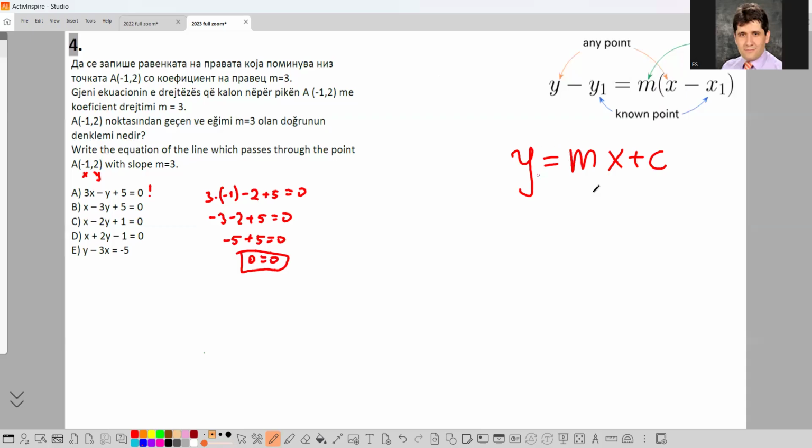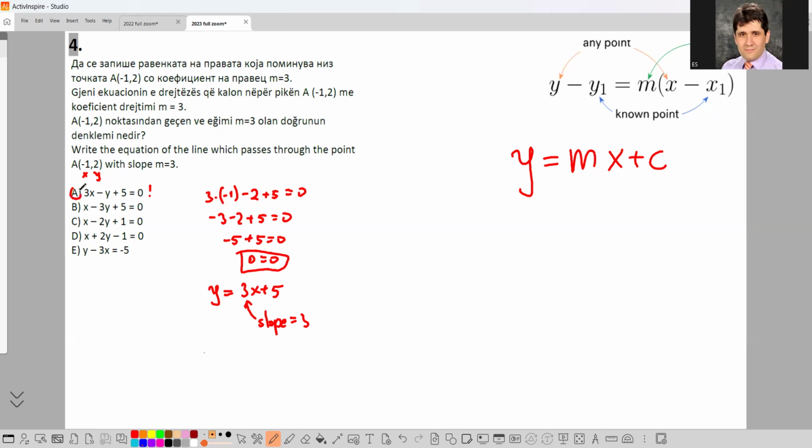So by rearranging this expression, I get y is equal to 3x plus 5. Indeed, the slope is 3, all right? I guessed that A would be the answer, and it turned out to actually be the answer.